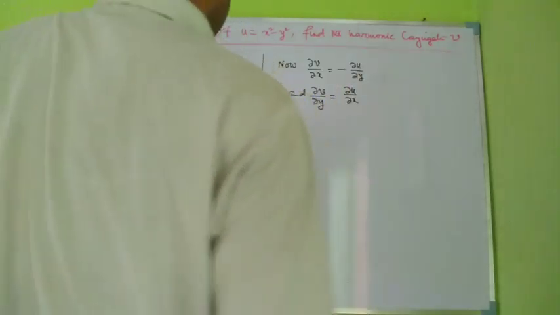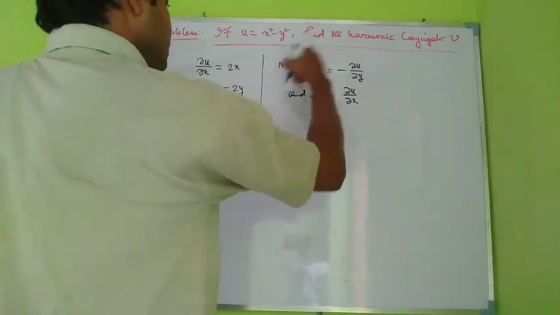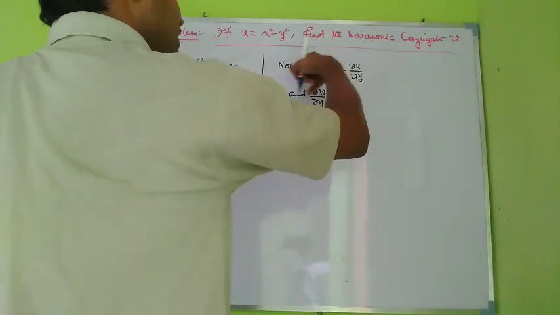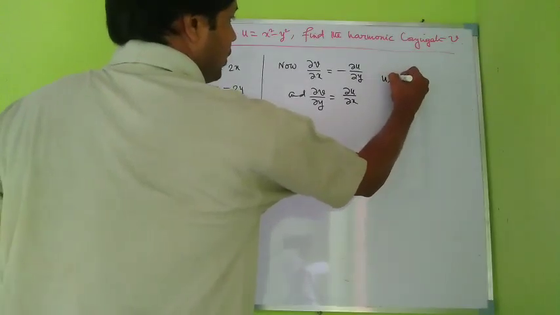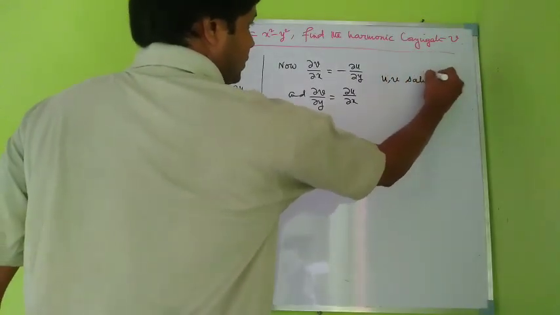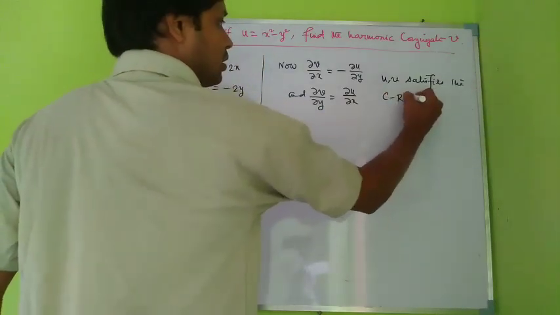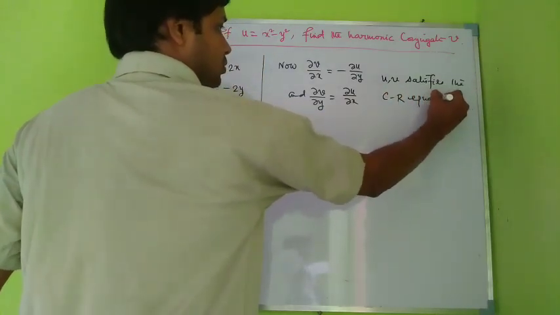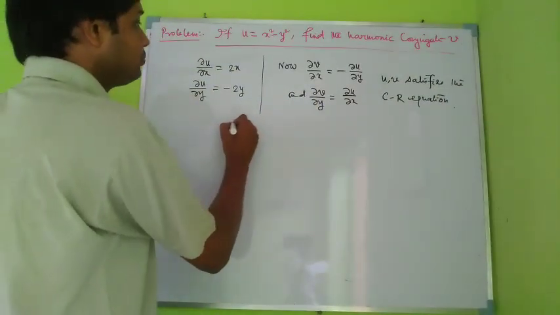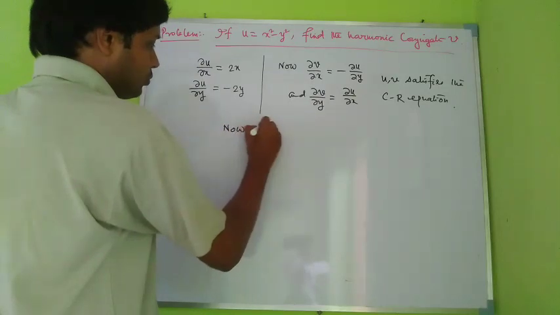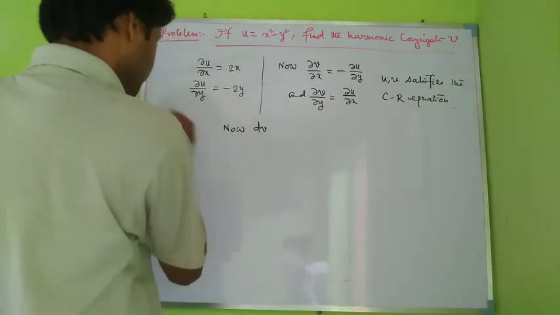So these are true. Since v is the harmonic conjugate, u and v satisfy the CR equation. So now find v.